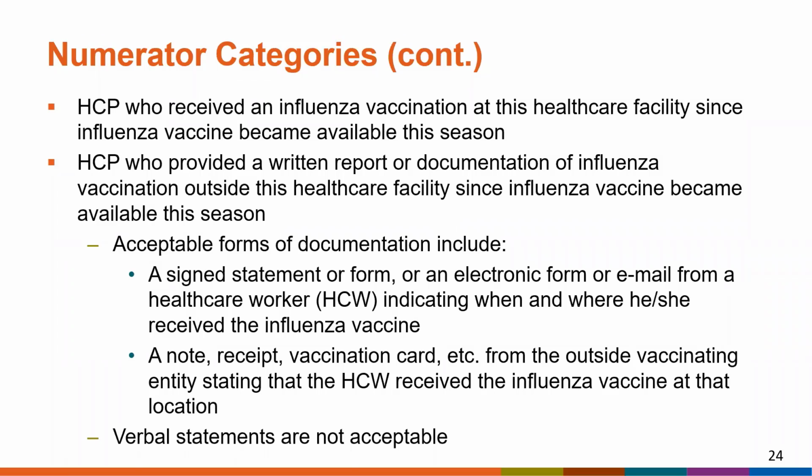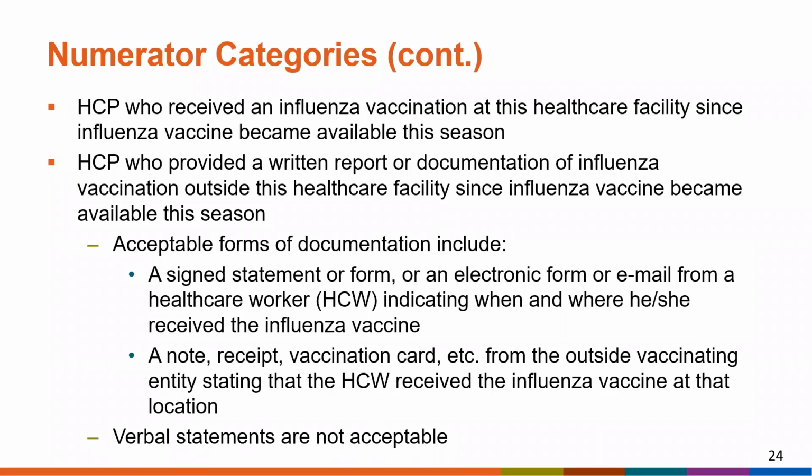The first field includes healthcare personnel who received an influenza vaccination at the healthcare facility since the vaccine became available for the season. The second field includes healthcare personnel who were vaccinated outside the facility since vaccine became available for the season, and provided a written report or documentation of vaccination.